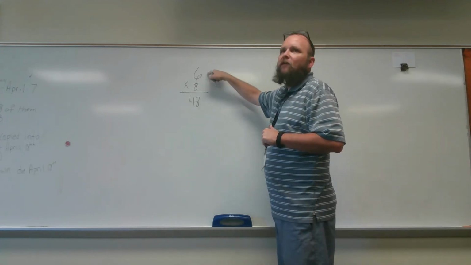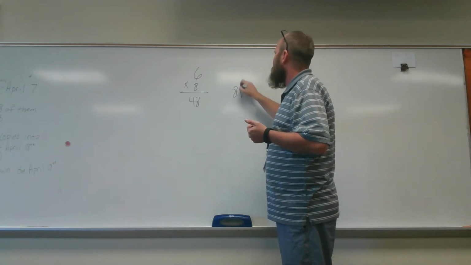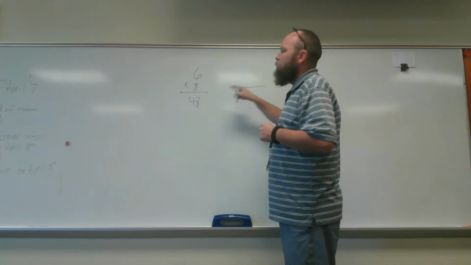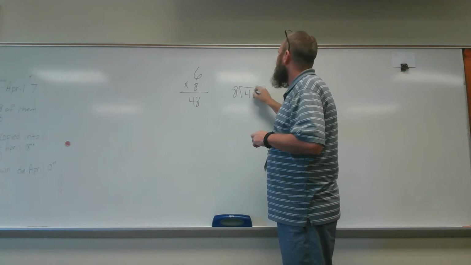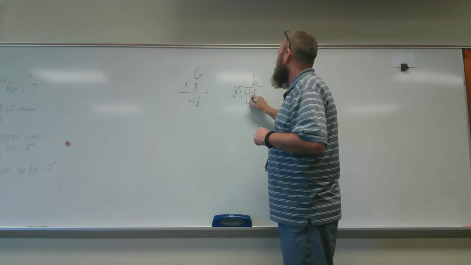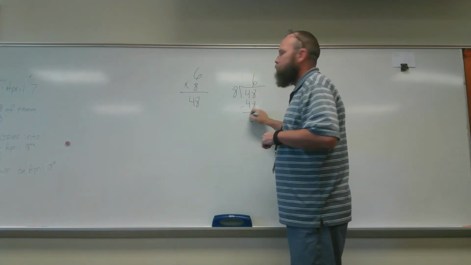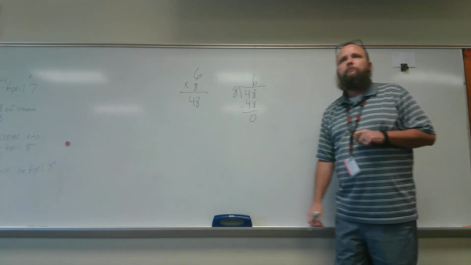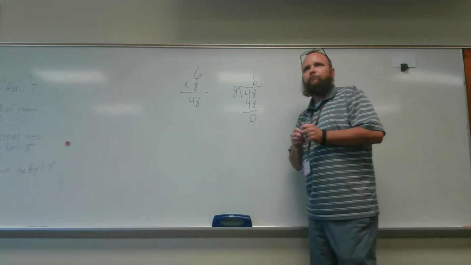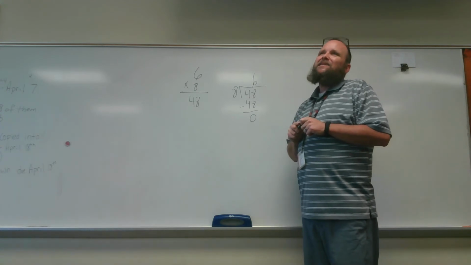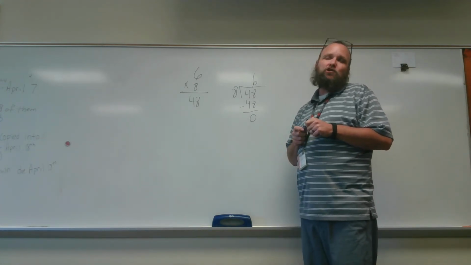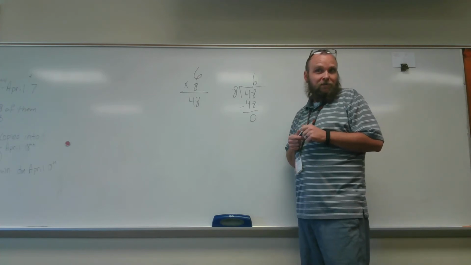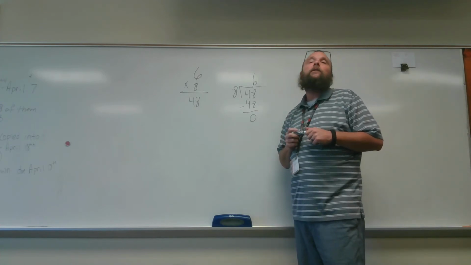So I could take one of my factors, let's take 8, divide that into my product, and I should get my other factor. Make sense? By this time of your schooling, you should know your multiplication facts. Otherwise it would make it very difficult for you.